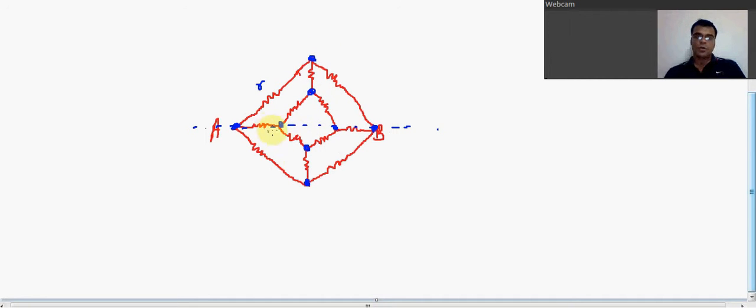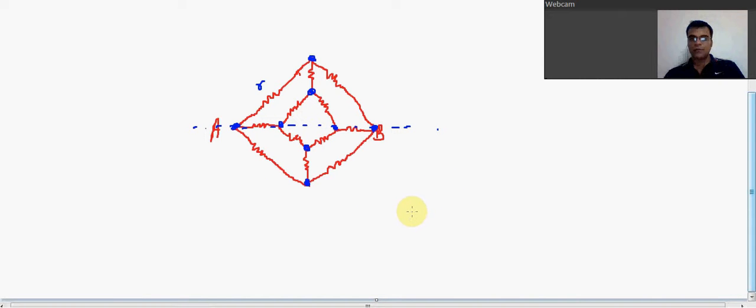Which means if I were to draw the equivalent resistance or equivalent circuit now, considering one half only, because we have folded the circuit about this line AB.